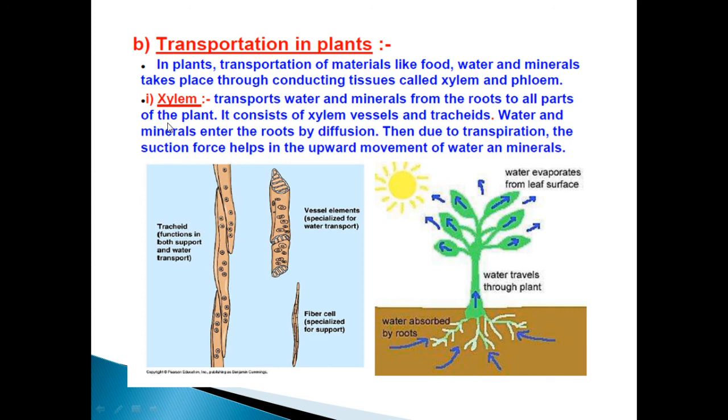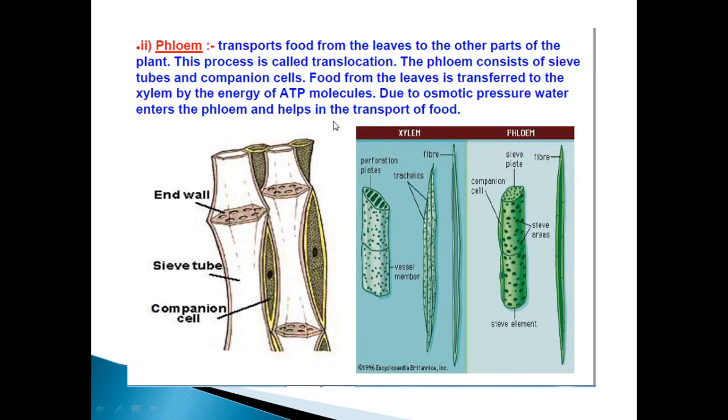Xylem transports water and minerals from the roots to all the parts of the plant, right? Phloem transports food from the leaves to other parts of the plant, and this transportation of food from the leaves to other parts is called translocation, right? Thank you.